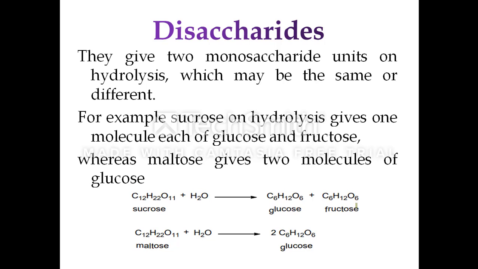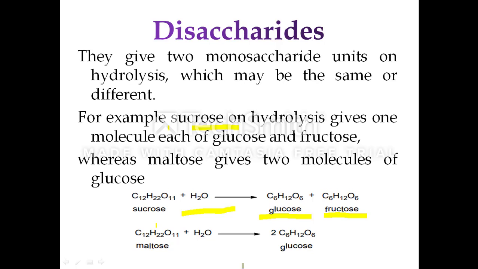For example, sucrose: when sucrose combines with a water molecule, it forms one molecule of glucose and another molecule of fructose. It is composed of two monosaccharide units, both different.